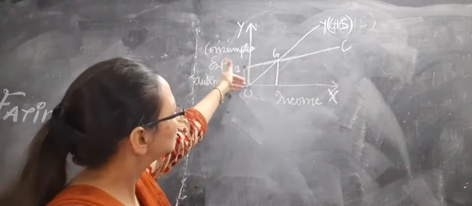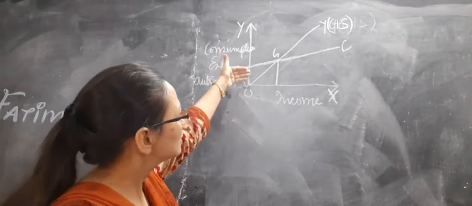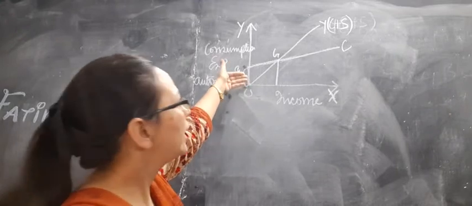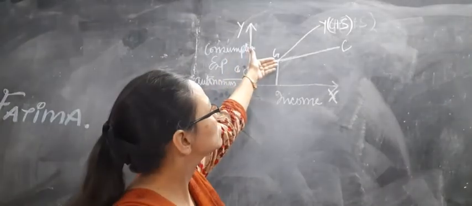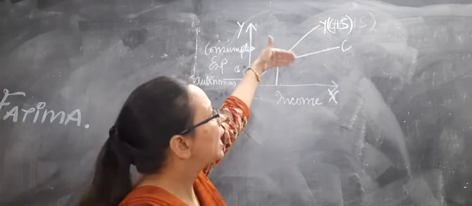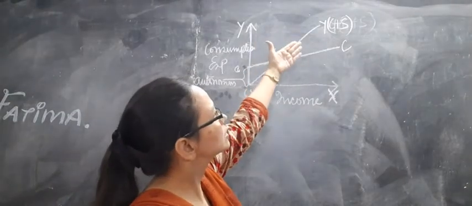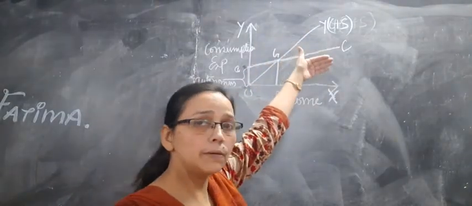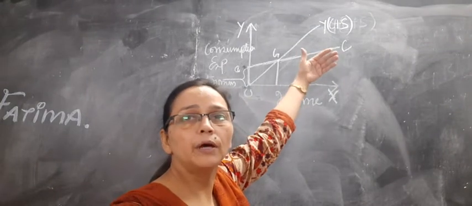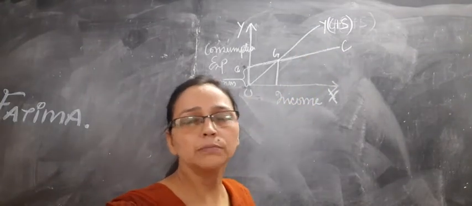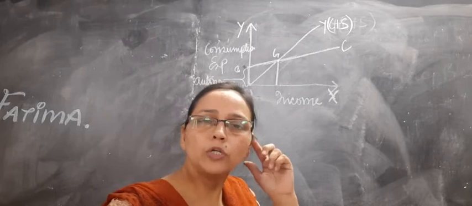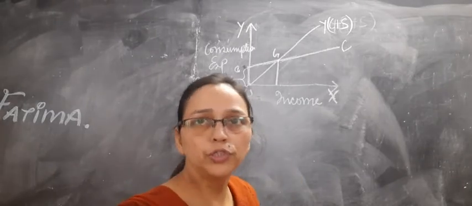As we move on, a stage comes where consumption is equal to income, and then at the third stage income is greater than consumption, because of MPC: when income increases, consumption also increases, but by a smaller amount, because a part of it is used by the consumer to save.